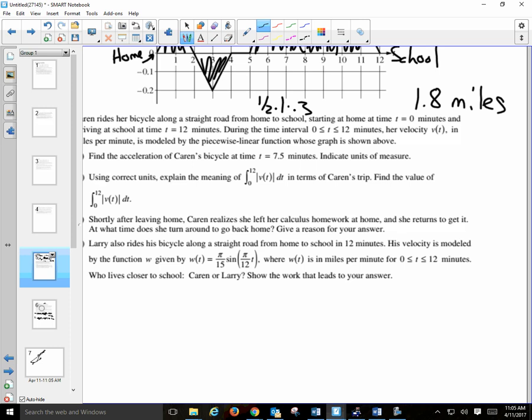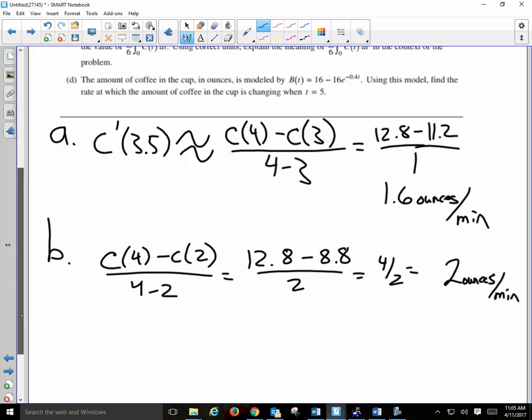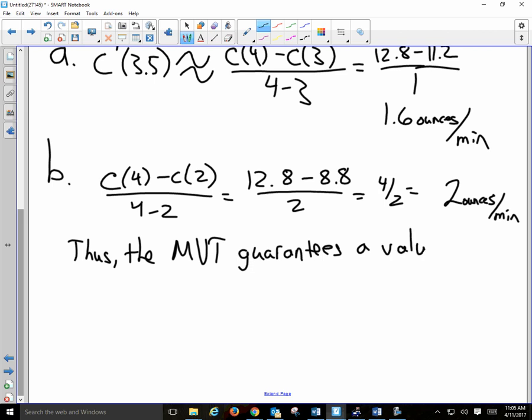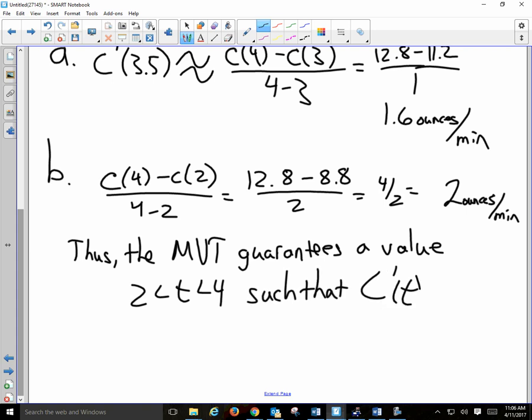So let's write that down. Thus, the mean value theorem, MVT, guarantees a value t, 2 less than t less than 4, such that C prime of t is equal to 2.